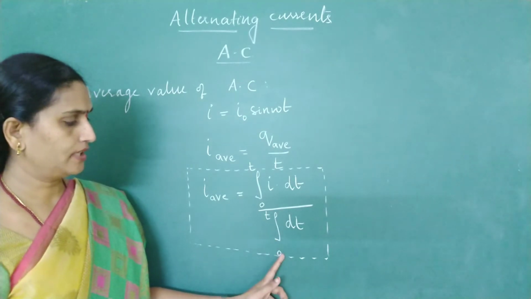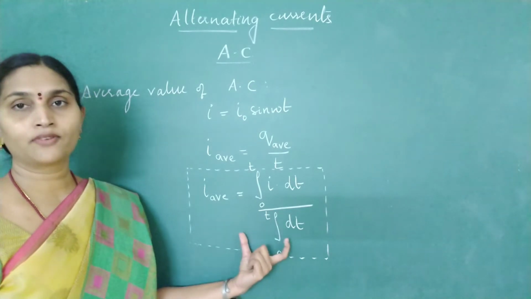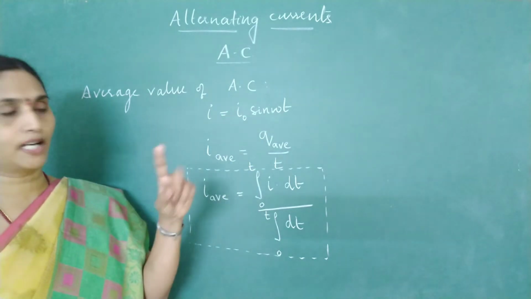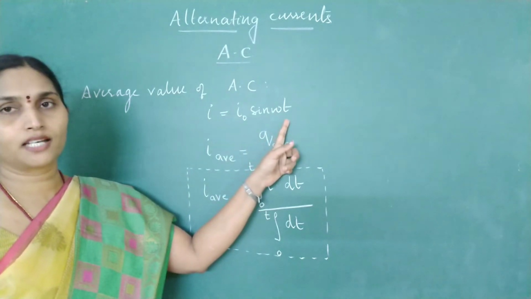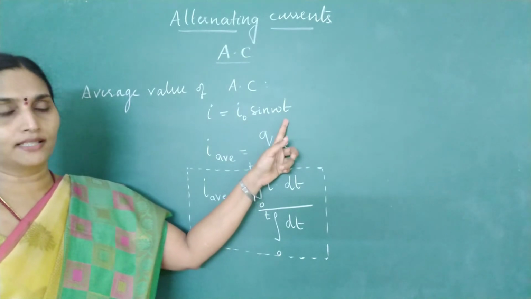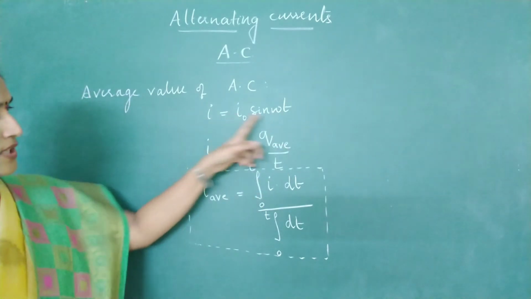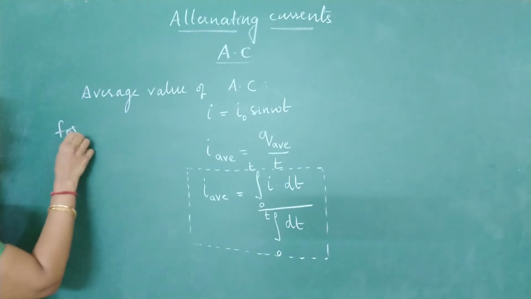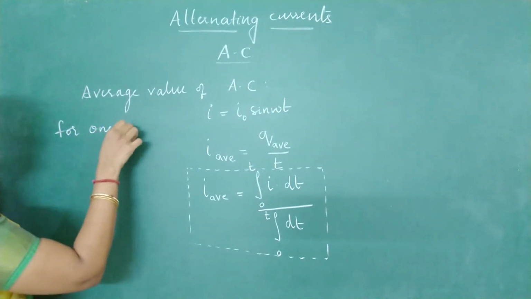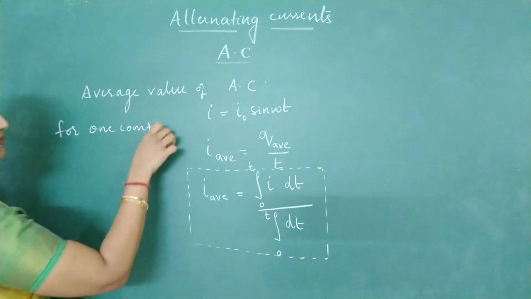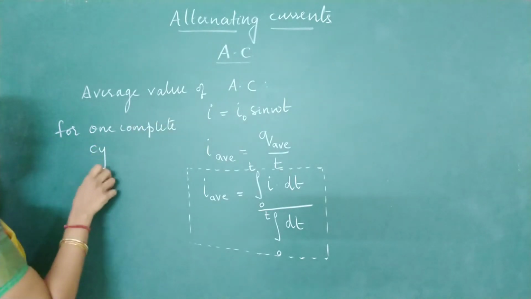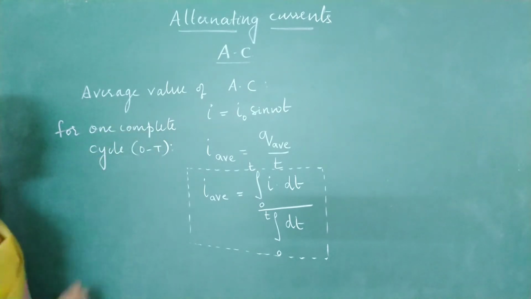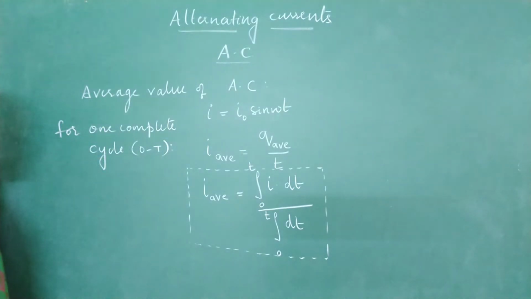Now I will tell you how we evaluate this average value of current for a complete cycle, for one time period, if your equation is I is equal to I naught sine omega t. So let us start with a time interval of one complete cycle, that is from 0 to capital T, and evaluate the average value of current.